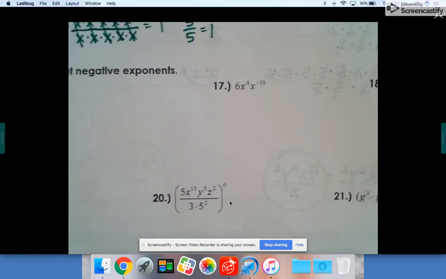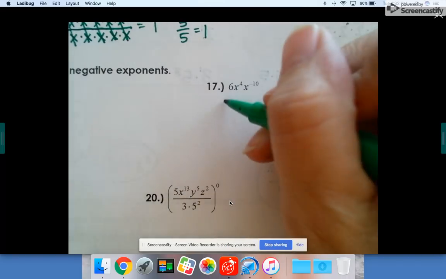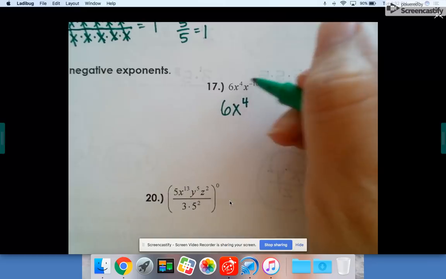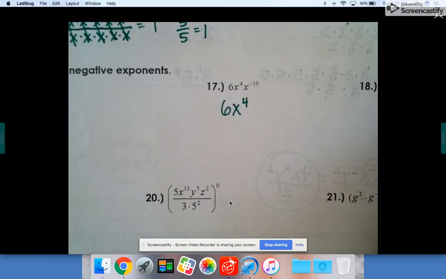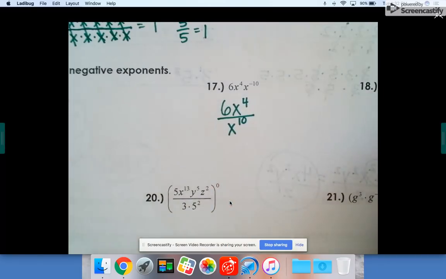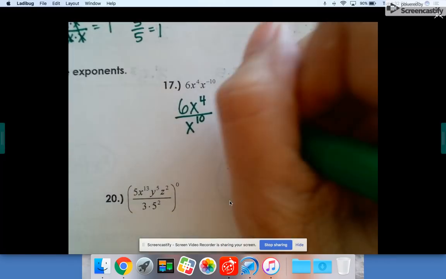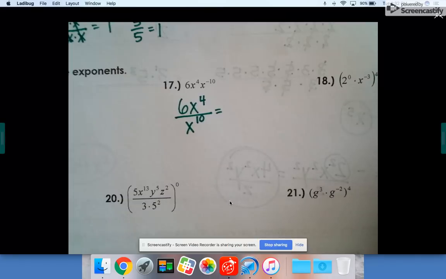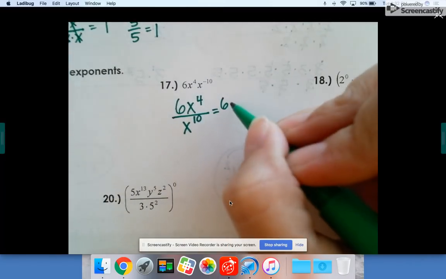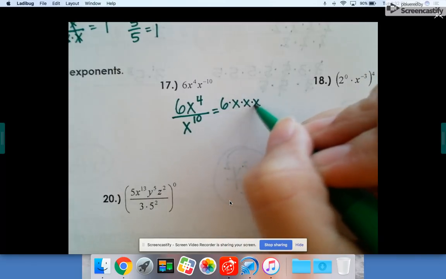Okay, let's try this one. 6 is positive, stays up top. X to the 4th, positive, stays up top. X to the 10th, negative. So we're going to move it to the bottom, and once we flipped it to the bottom, it became positive. And now you could either see where your x's are going to end up, or you can expand it if this helps you. The 6 is there, and then we've got 1, 2, 3, 4.